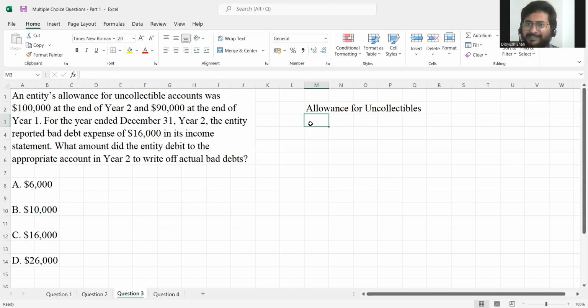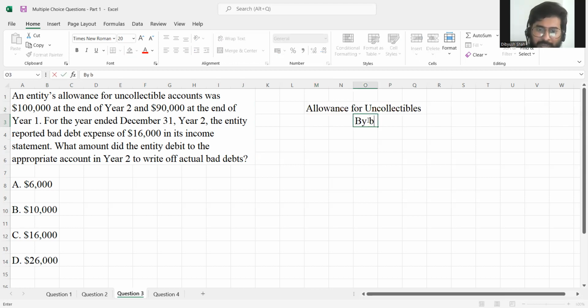So at the end of year 1, whatever was your closing balance, that only becomes the opening balance for year 2. So opening balance was 90 and closing balance was 100,000.